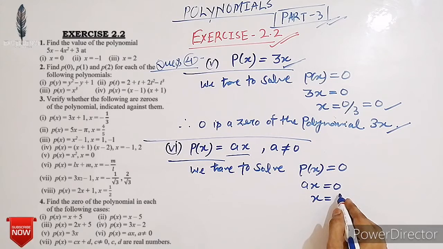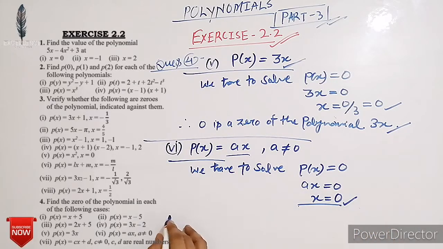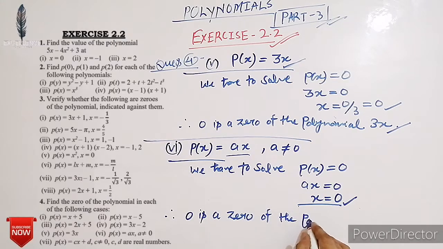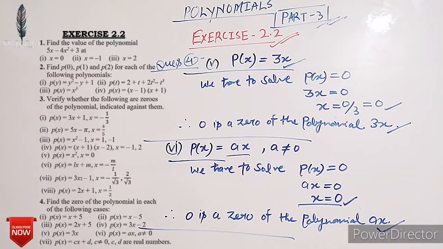So here x is equals to 0. So 0 is a 0 of the polynomial ax. Okay students.